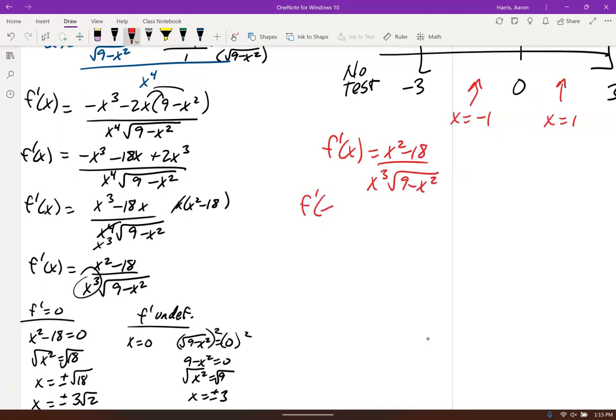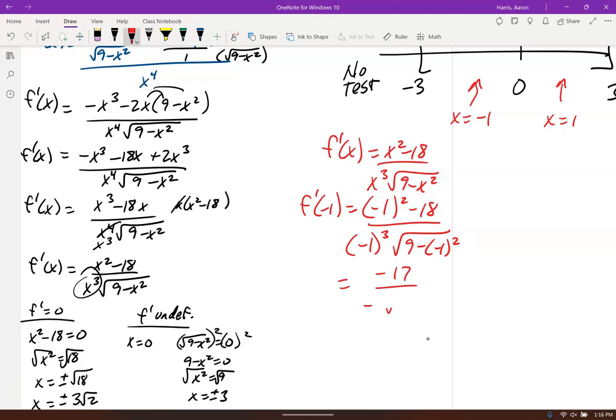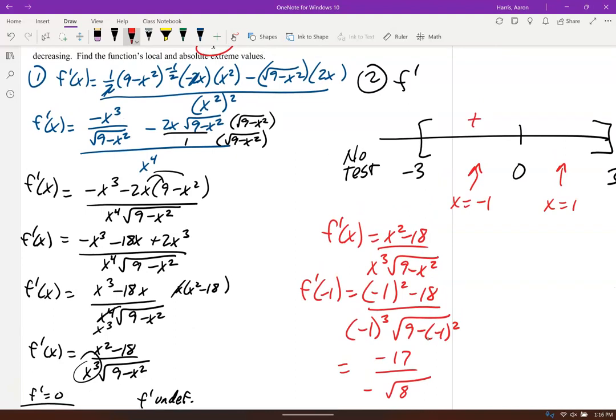Let's plug in negative 1: 1 minus 18, negative 17 over negative 1, and then 9 minus 1, square root of 8. Well, I got negative over a negative, which is a positive number. So this original function increases from negative 3 up to 0.